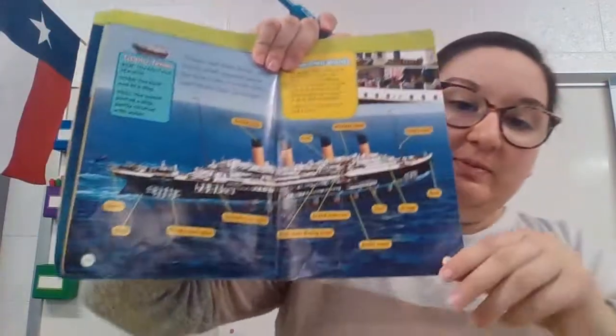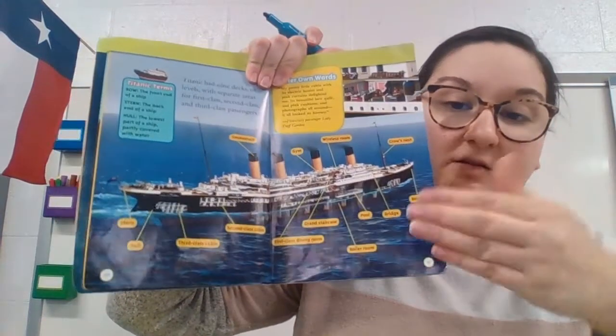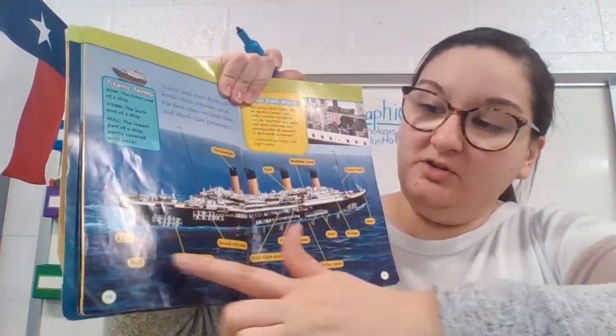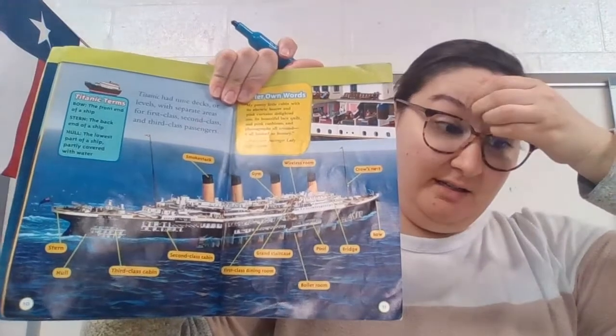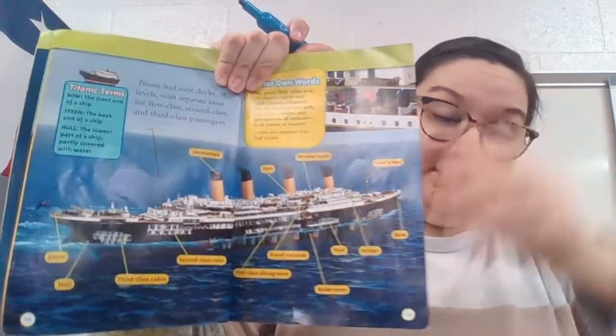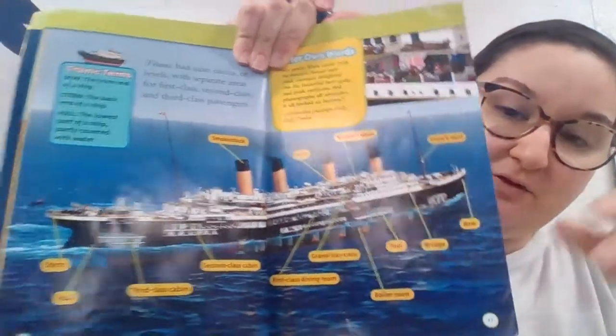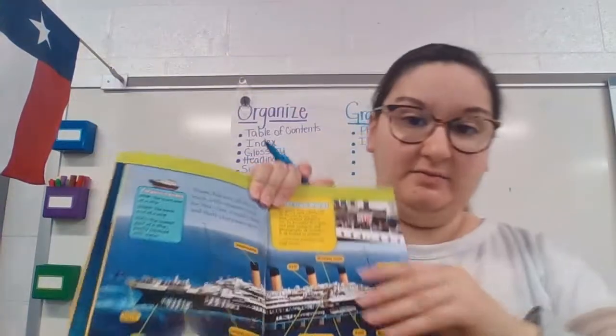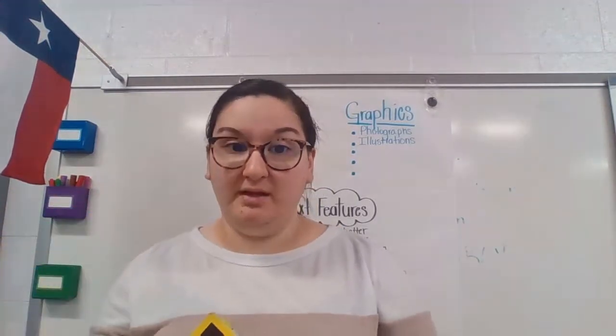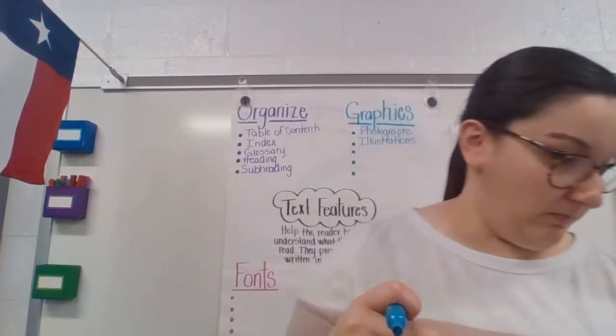So for instance, in this book, it is showing us a picture of the Titanic, so we call this a diagram because it is also labeling the Titanic and showing us the different parts of the Titanic, okay? So diagrams give us more information about a topic, and it's labeling things to help us understand.